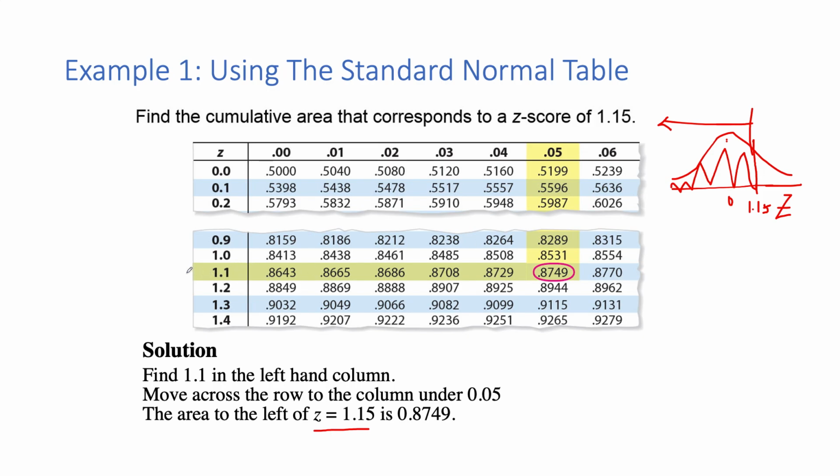The way to read this is a z-score of 1.1, and the column tells me the second decimal point, right? So it's 1.1 and the second decimal is 5, so this is read off as 1.15. If I start from the left end of the distribution and travel up to 1.15, then the area up until there is about 0.8749. Okay.